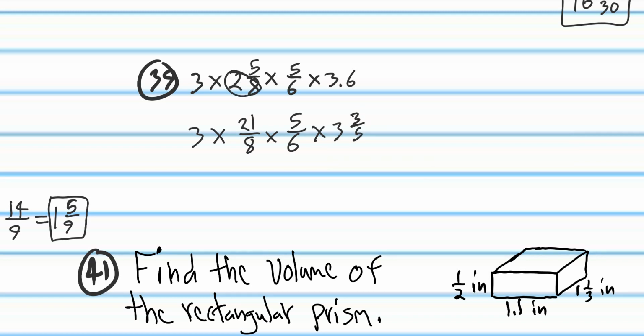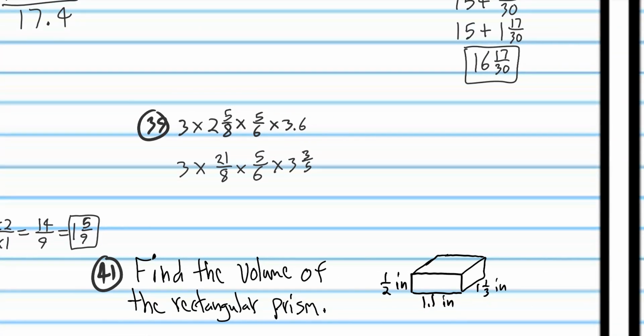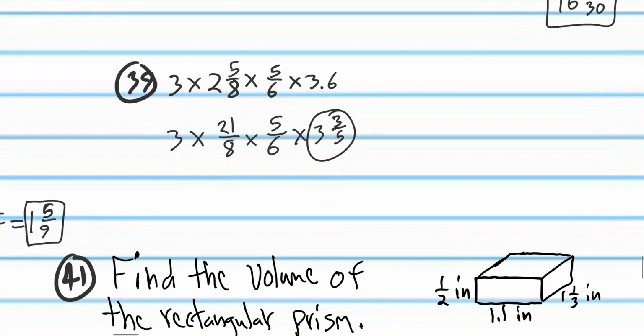And again, I did 8 times 2 is 16, plus 5 is 21. That's how I got the 21, and the denominator just stays the same. All right, so I now have to convert this to an improper fraction. So I guess I'll do that in the next step.